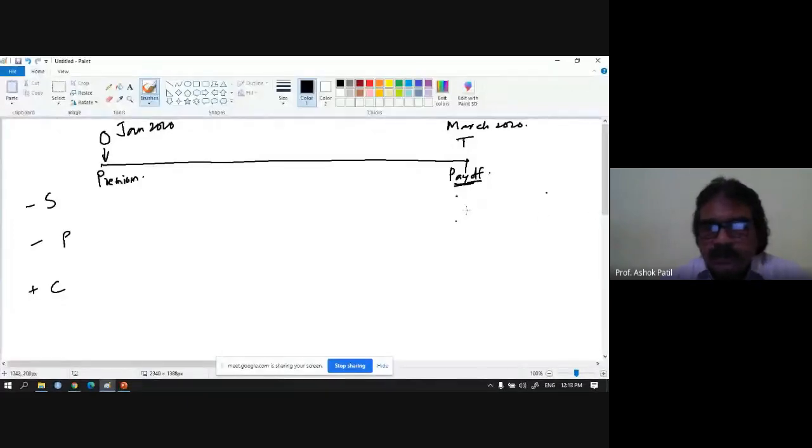It goes from minus 5, minus 4 up to 0 at X equal to 50, and then we got 0 afterwards. That we can see in the diagram. And then the plus C payoff diagram is this. We calculated that also, and then we added here.